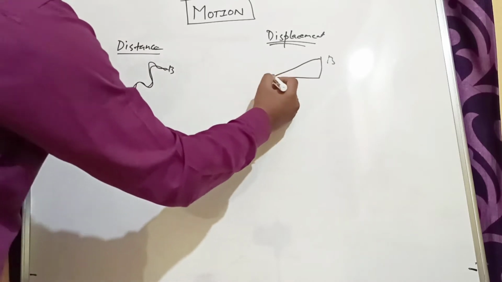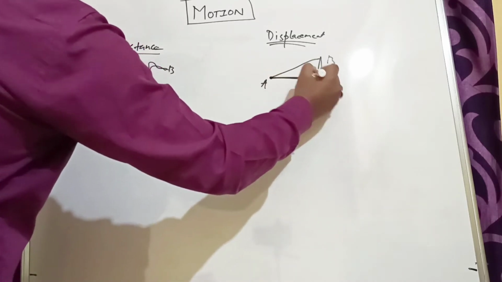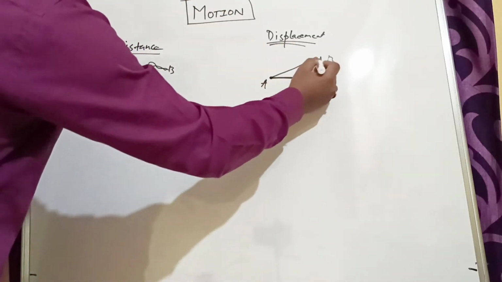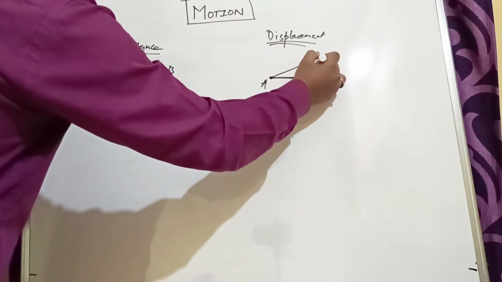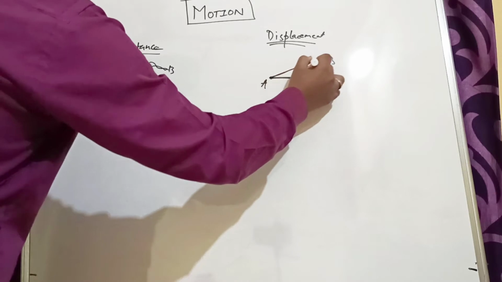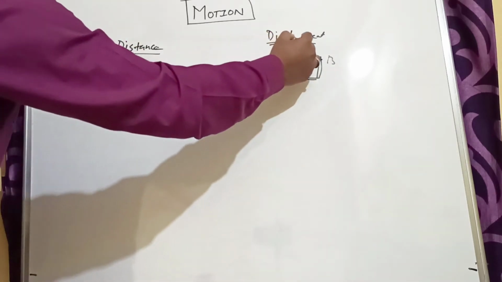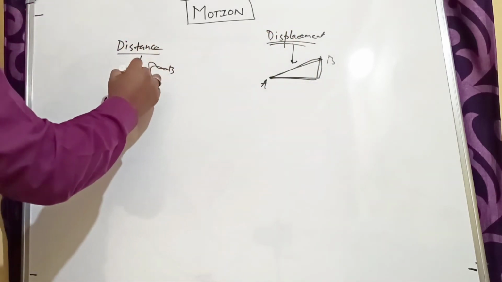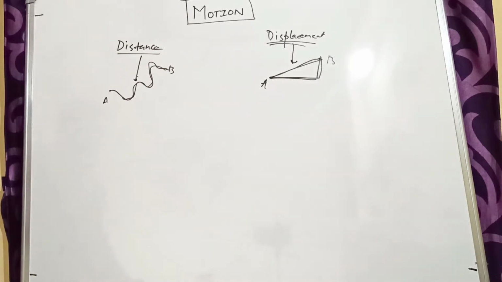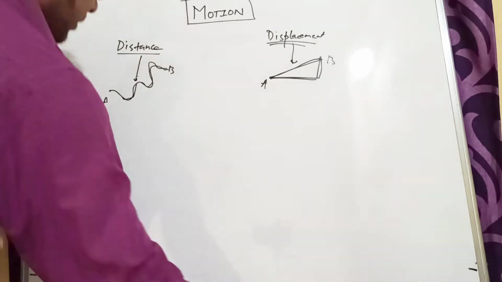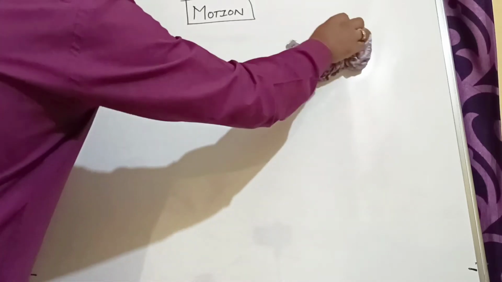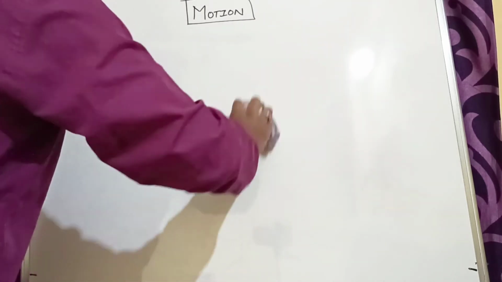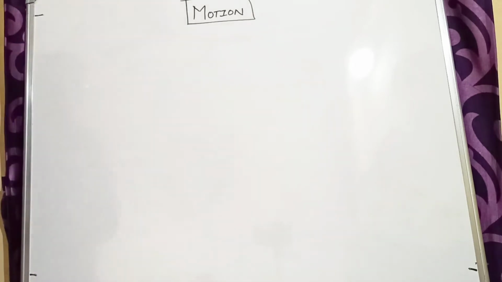You will not calculate this and this. You will only measure the length from point A to point B. So this is your displacement and the actual length is your distance. Clear? And I have already told that distance is a scalar quantity and displacement is a vector quantity.